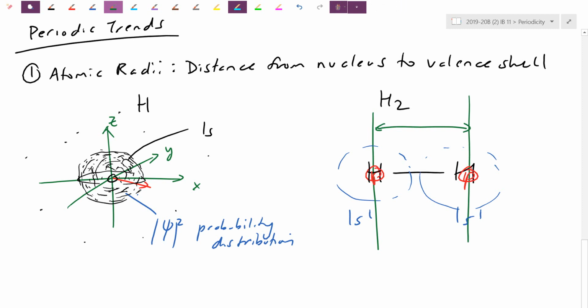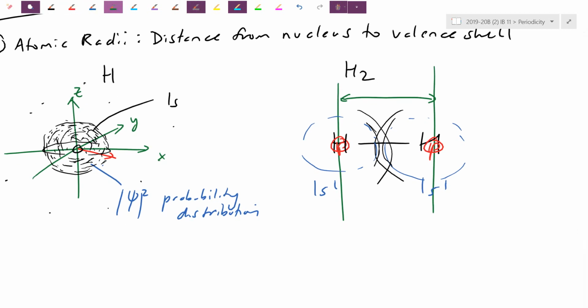I'm going to forget about this whole orbital stuff and this whole probability distribution stuff, because it's much easier to just say, okay, here's my nucleus and here's my center, and I can track that as a distance. Depending on the actual diatomic, it's possible that the orbitals don't overlap, it's possible that they just touch, it's even possible that these orbitals actually cross over each other. That's going to cause some problems with the simplification, but we're just going to pretend that the distance between the two nuclei is called the internuclear distance.